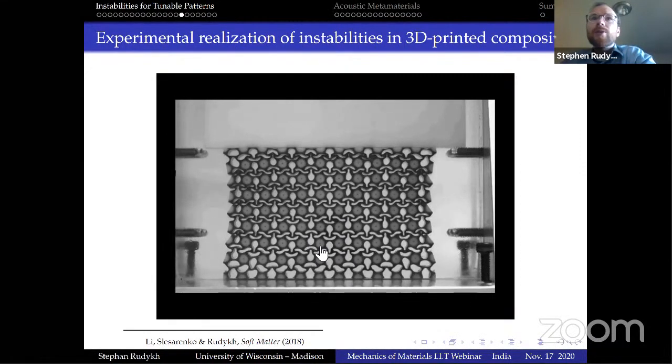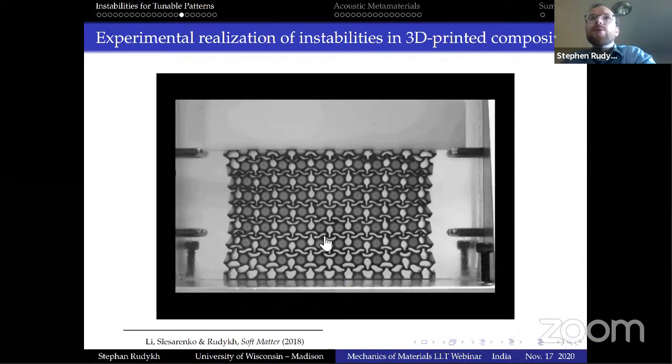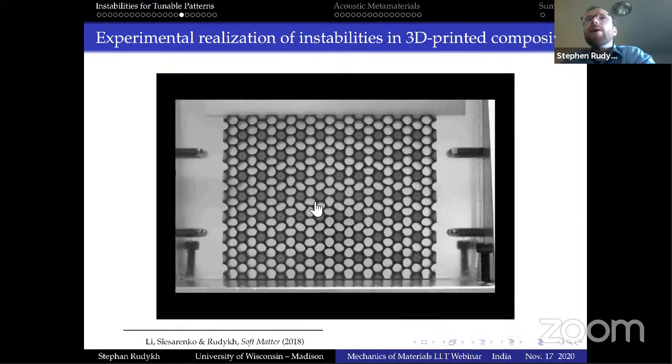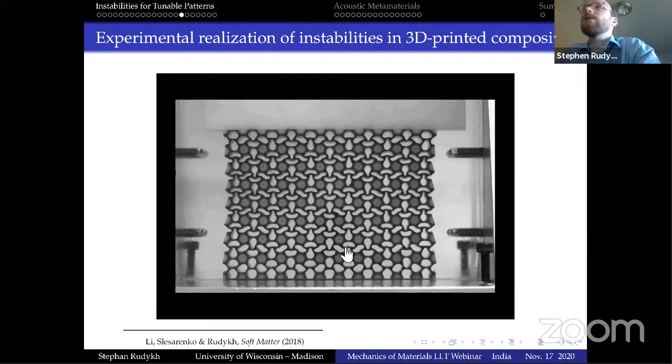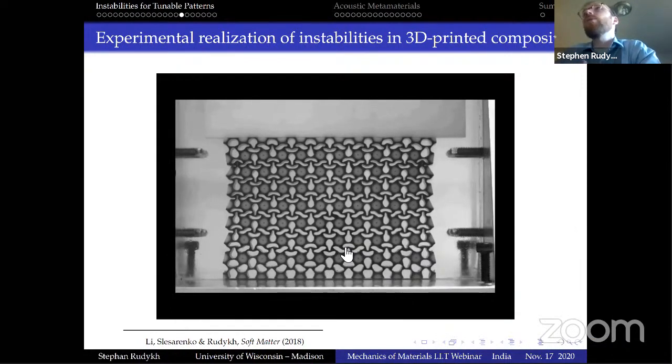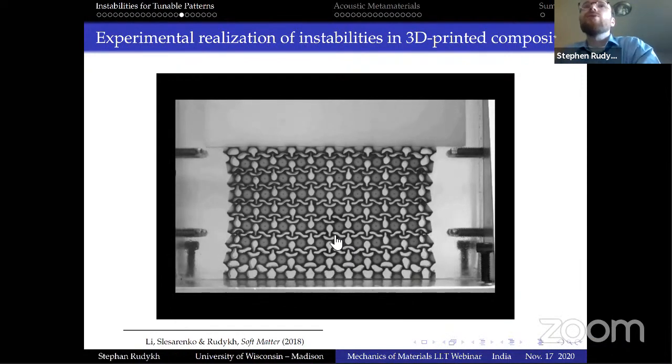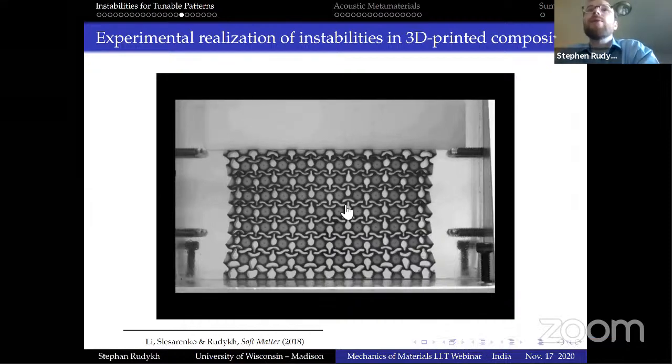The dark area everywhere is the soft rubbery material that deforms a lot. The grayish area is stiff inclusions, and these white holes are actually voids, so there is no material there. So we can say that it's a heterogeneous material. There are three phases: there are voids, there are inclusions, and there is a matrix phase.